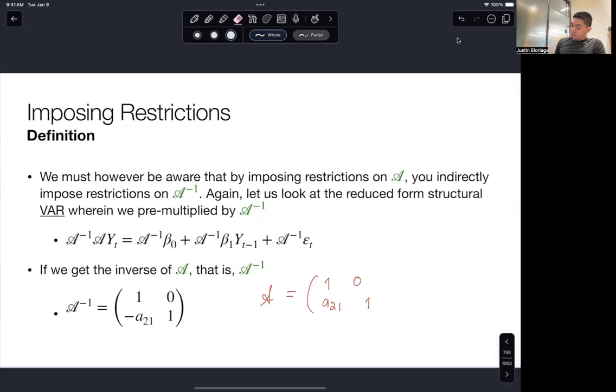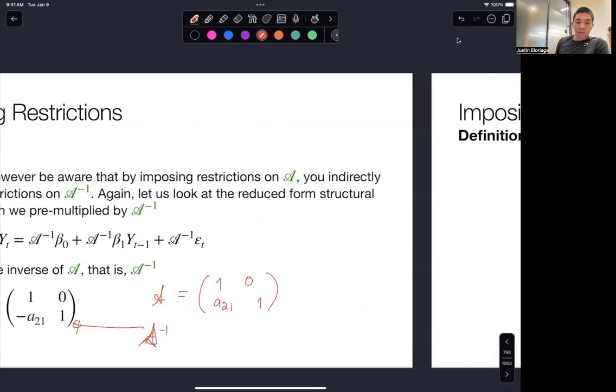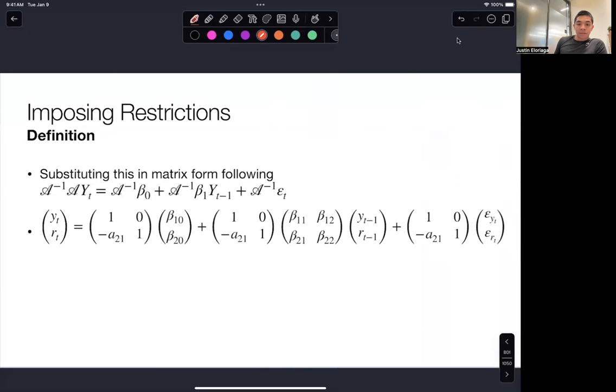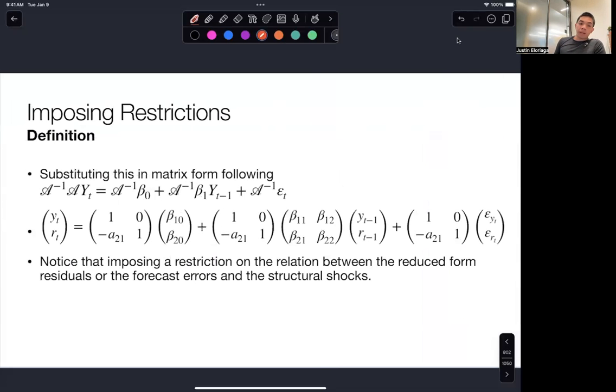Whoops, so this is our matrix A. If we take its inverse, we get this, and it's going to be the negative because matrix algebra gets you that. If we substitute the matrix, we can get this form here. From here, we can now get the reduced form VAR, and we are able to estimate everything here.